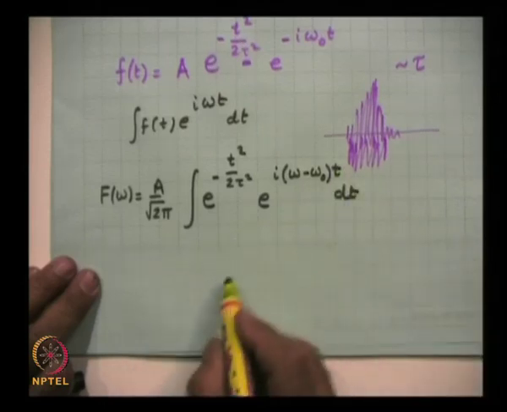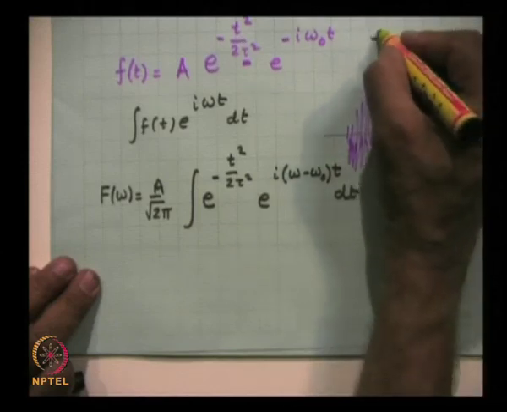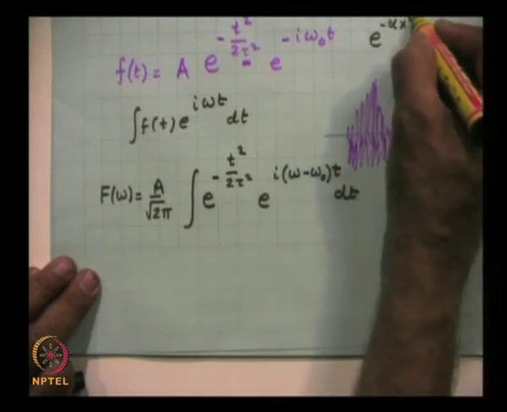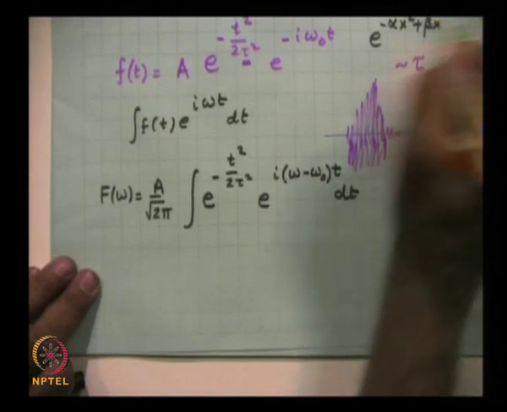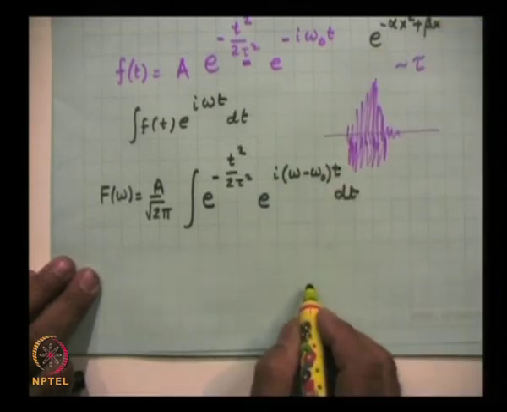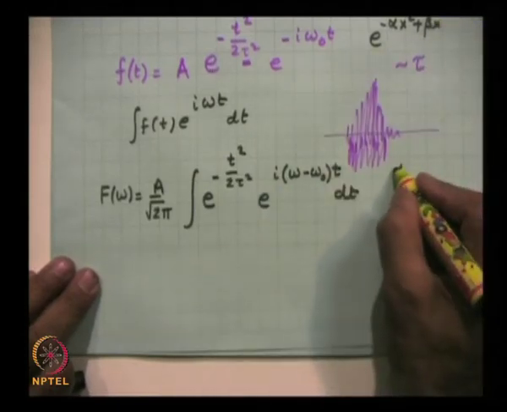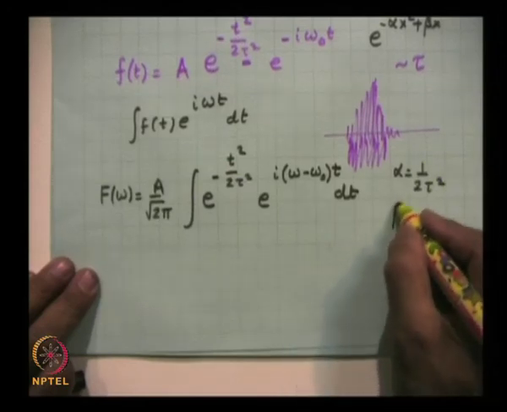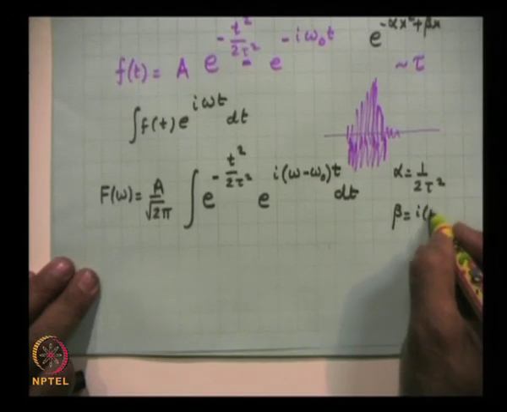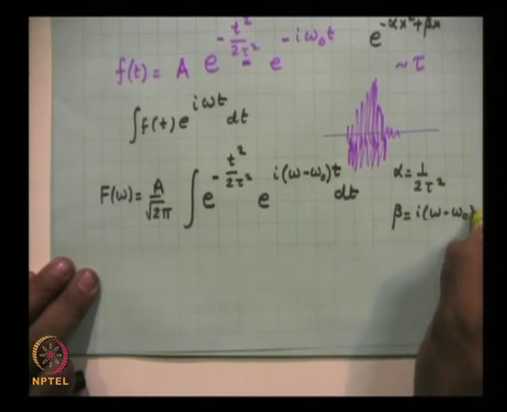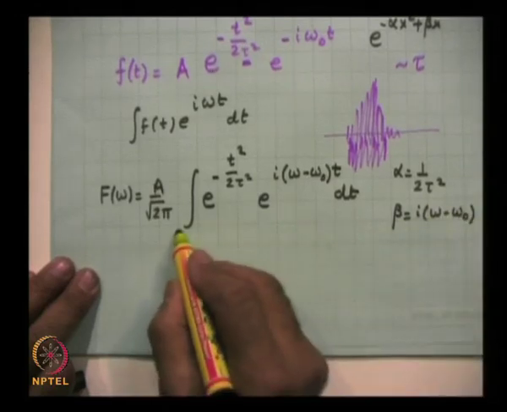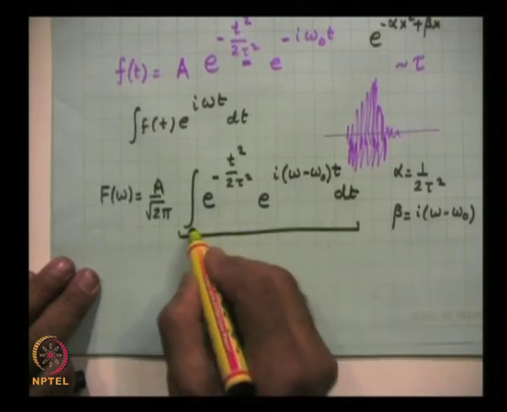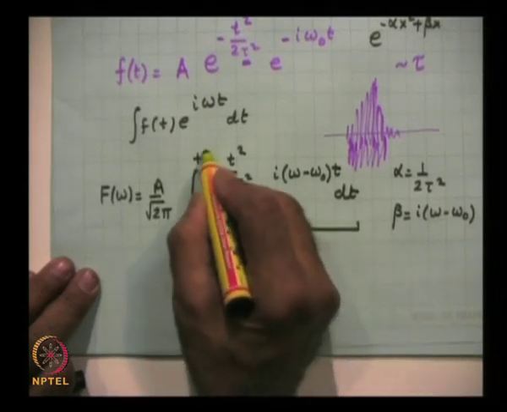So, here again I have the relation like e to the power of minus alpha x square plus beta x, where x is replaced by t. So, my alpha is equal to 1 over 2 tau square and beta is equal to i times (omega minus omega naught). The limits are of course from minus infinity to plus infinity.